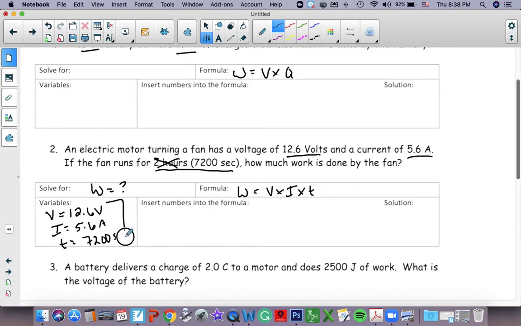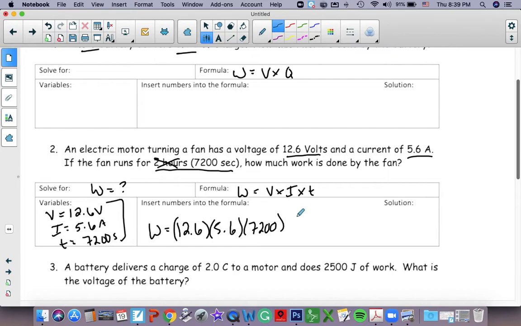So you're just going to plug these 3 things into your formula. Alright, so 12.6 volts and 5.6 amps and 7,200 seconds. And then you just slap that in your calculator, see what we get.